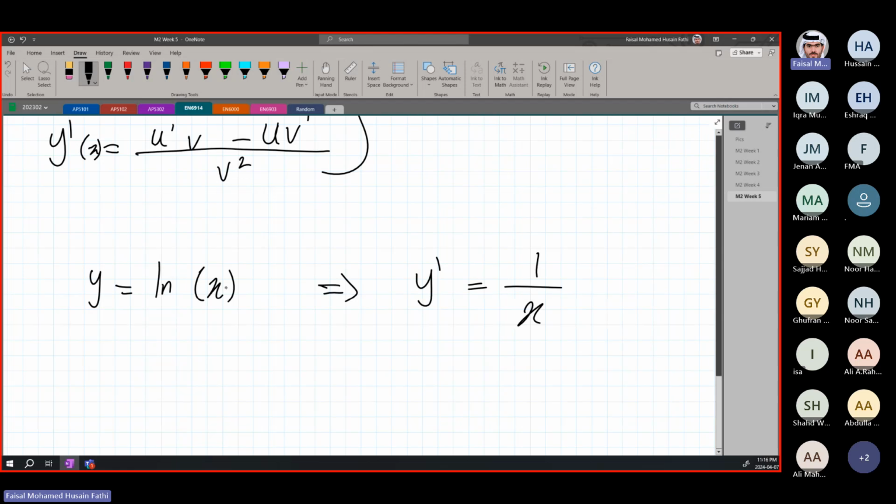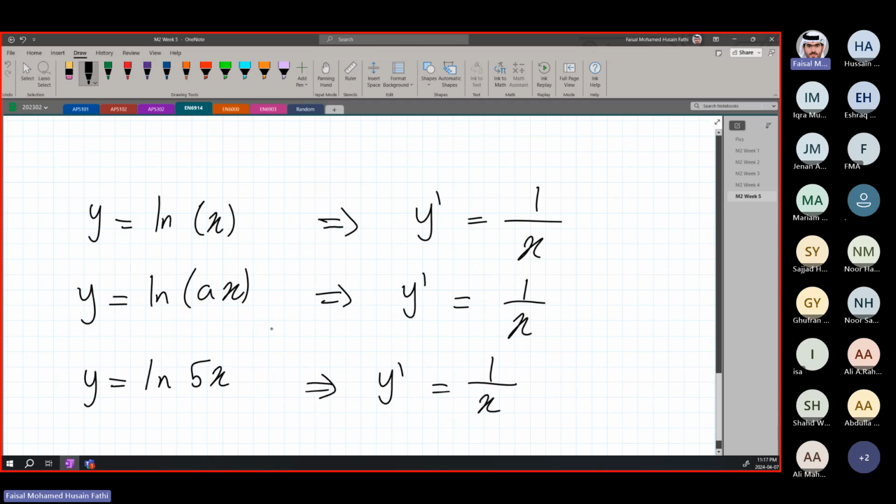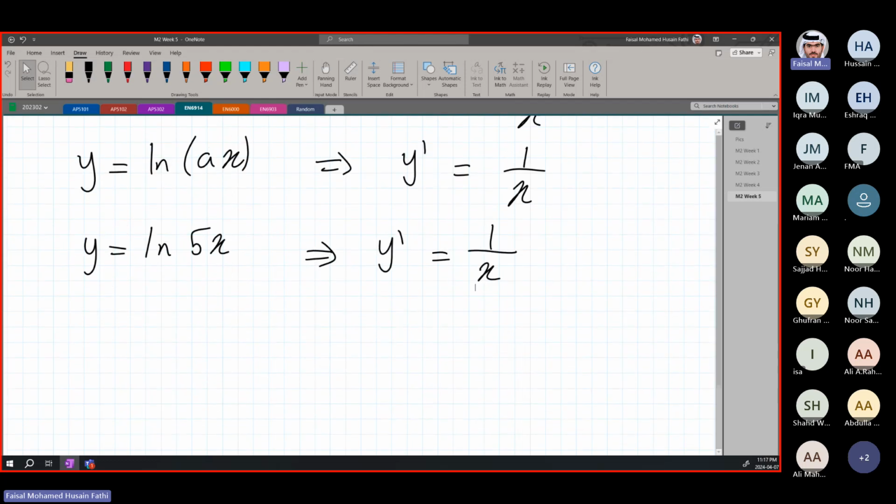And if y is equal to ln of ax, the important thing is y prime is going to be equal to 1 over x. The a does not affect the equation at all. So if we have y is equal to ln 5x, its differentiation y prime is going to be 1 over x simply. This is another thing.